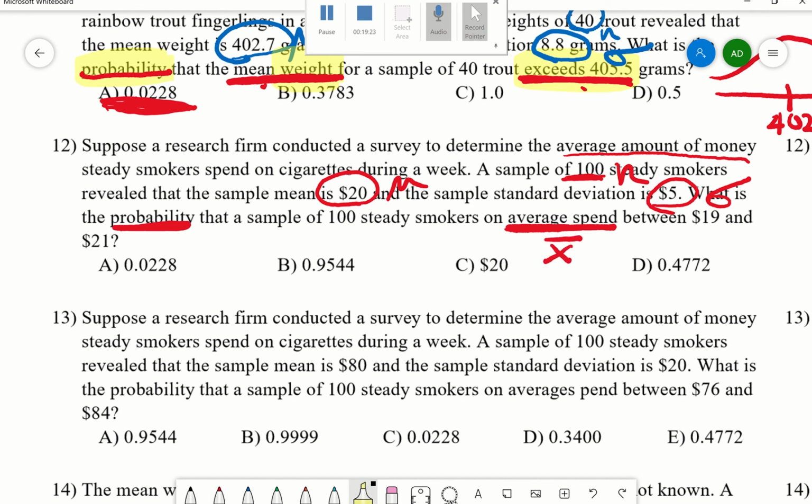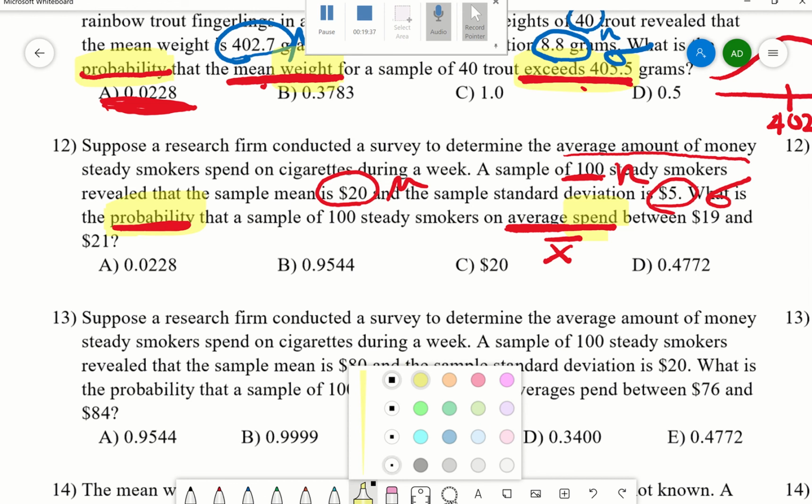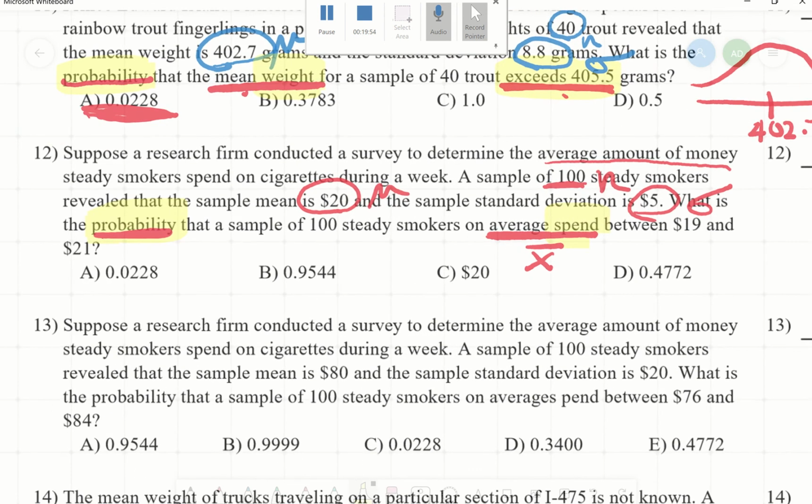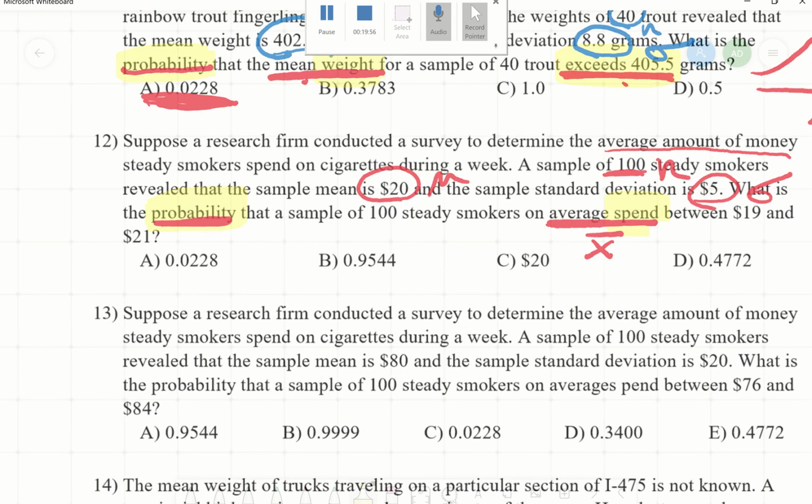If it was chapter 6, it would be the probability of spending between 19 and 21, but that's not what it says. It says the probability the average spend is 19 to 21. That's the key difference between chapter 6 and chapter 7. That's your indication: this is a question from chapter 7.